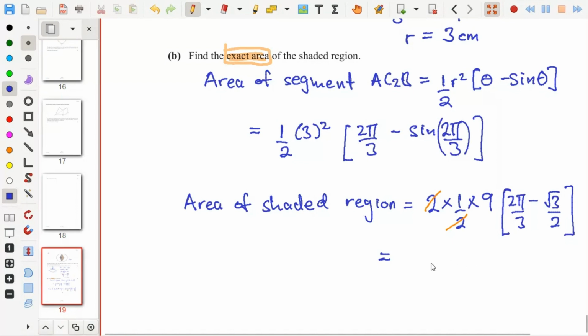So this should give me 6 pi. Then 9 by this, I'm going to get 9 root 3 on 2. You could have written it like this. Either of them is correct. I can put it in a bracket like this. It's an expression, centimeter squared.